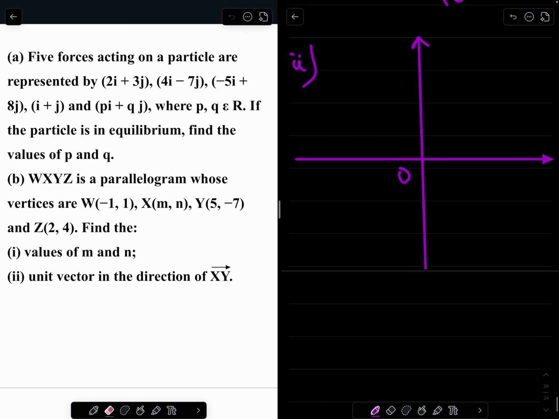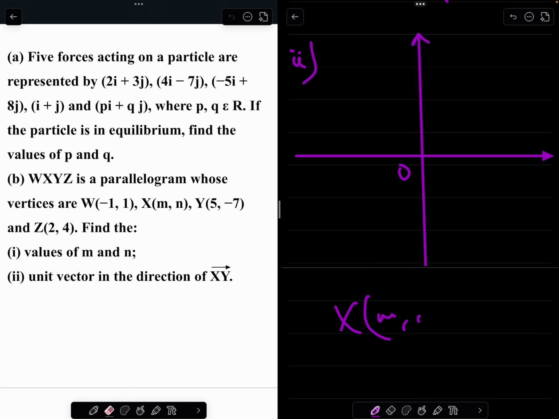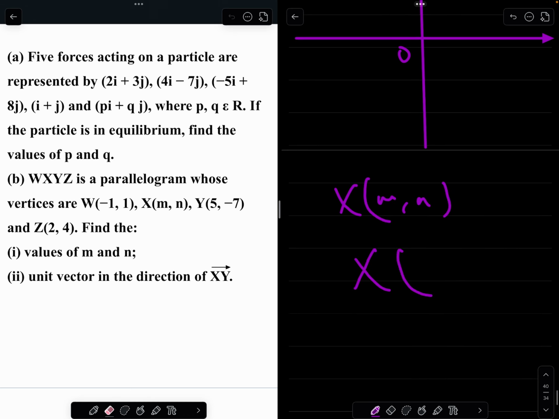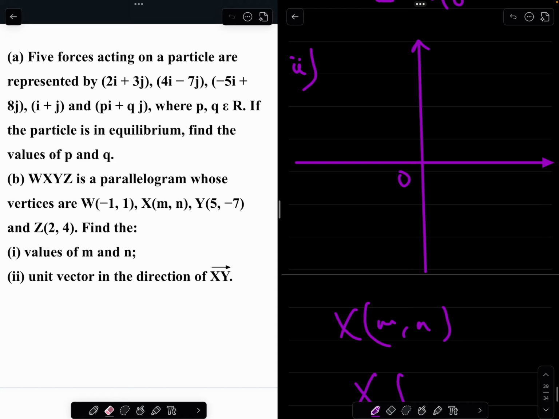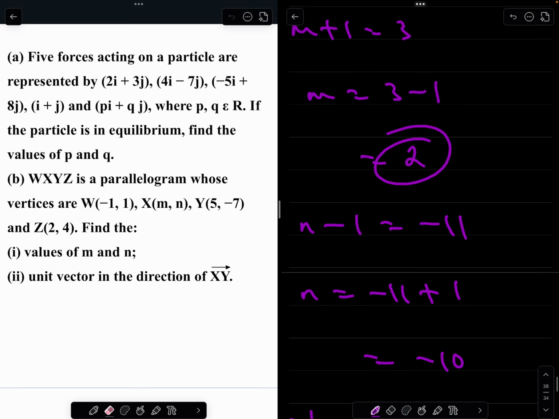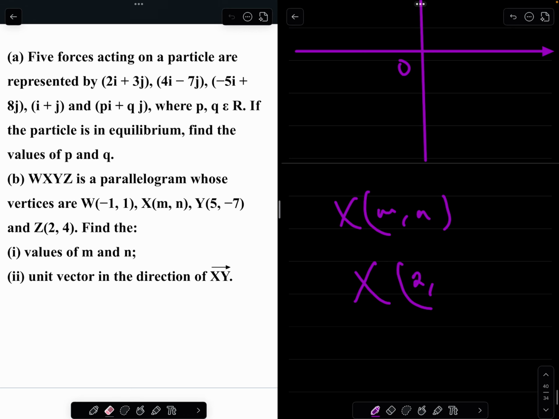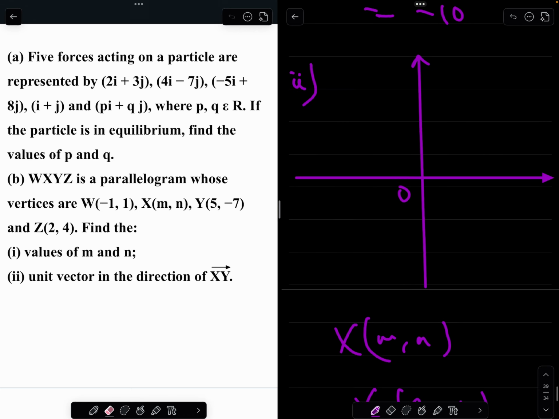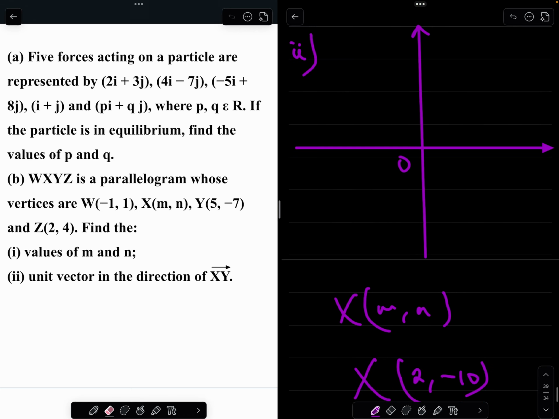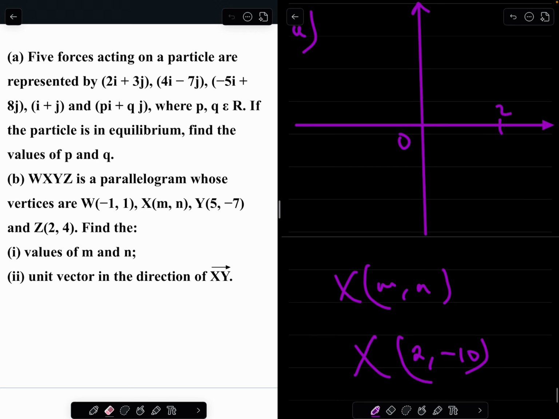Now I know that x with coordinates mn is the same as x, because I know that m is 2 and n is minus 10. That means the coordinates of x are now 2, minus 10. So that's what I'm going to use to sketch it. If this is 2 and this is minus 10, it's just a sketch, then this will be the vector OX.